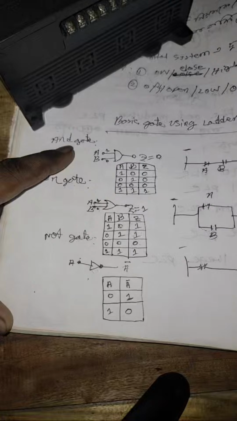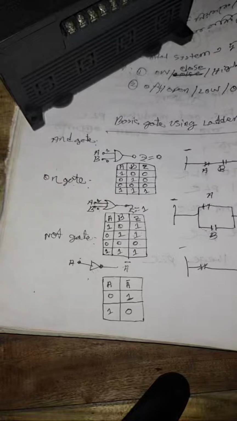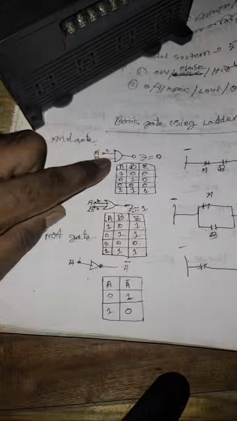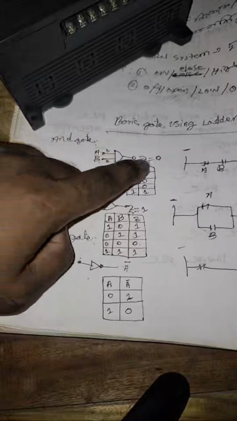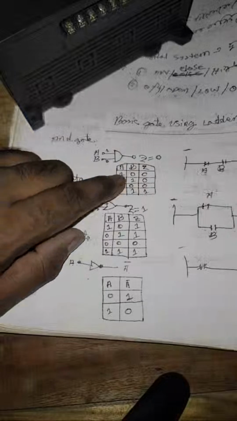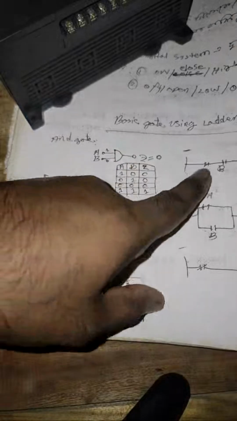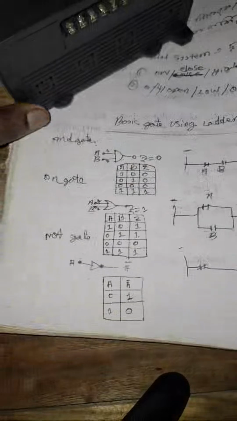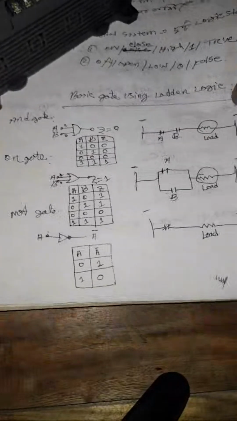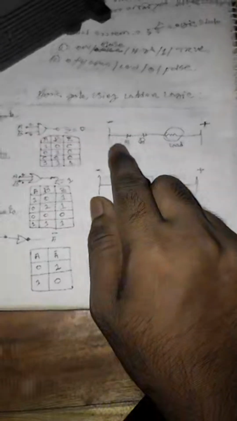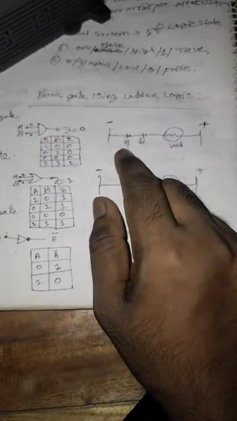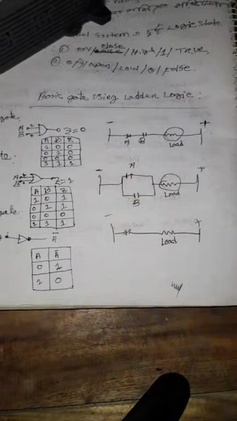AND gate means count. It's a counting word. AND gate symbol, AND gate with 2 inputs and 1 output, AND gate truth table and AND gate circuit diagram. This is the AND gate circuit diagram. Please see it carefully this way.